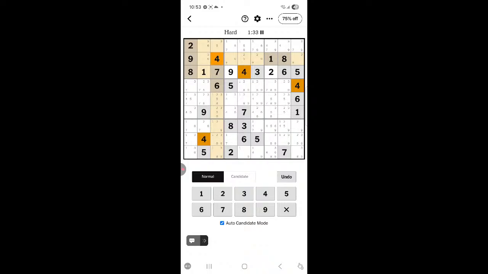7, if 7, 3, if 7, and 9 could be anywhere. It's likely something else. 1, if 7, 1, and 3, if 7 and 1 can only be here, because 7 can't be anywhere else, this cannot be 3.